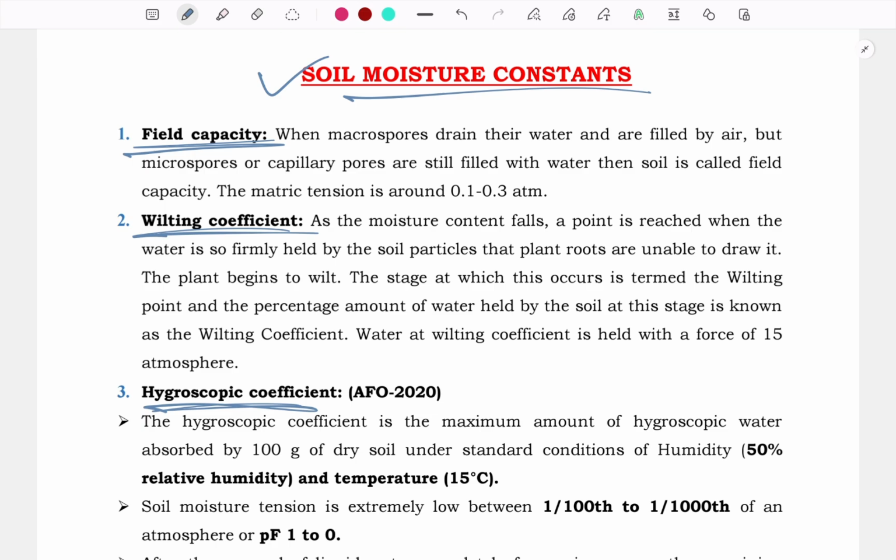These micropores are still filled with some water, and it is held at 0.1 to 0.3 atmospheric pressure. It is held in the capillary pores. That is what is known as field capacity.